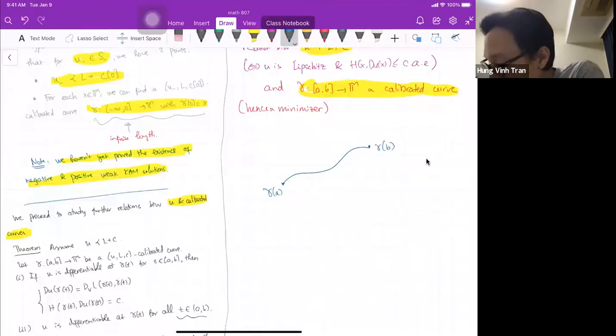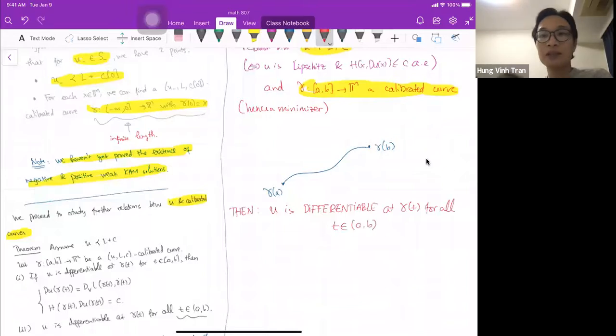Now it's going to tell me that U is differentiable at gamma t for all t between a and b. Okay, so that is a remarkable result, right? Because as I said, if you have a Lipschitz function, you have absolutely no idea.